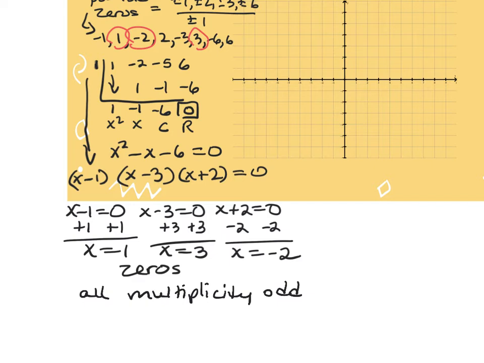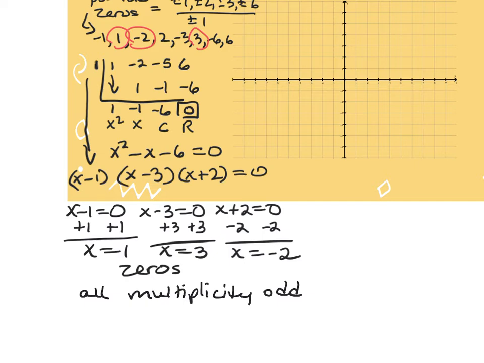It didn't matter. So you can choose any? Correct. But if I did synthetic with negative 2, I would have gotten a different equation to factor. But it doesn't matter. You can choose either one. All right, thank you. You're welcome.